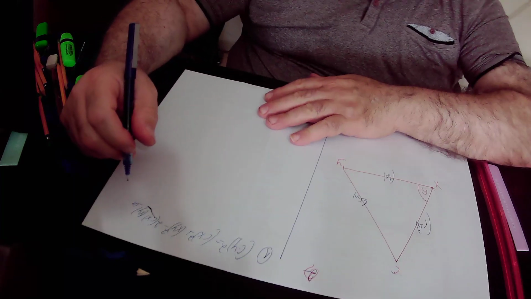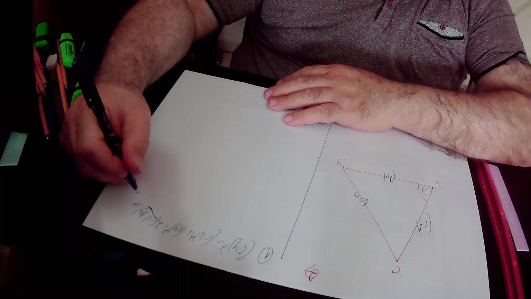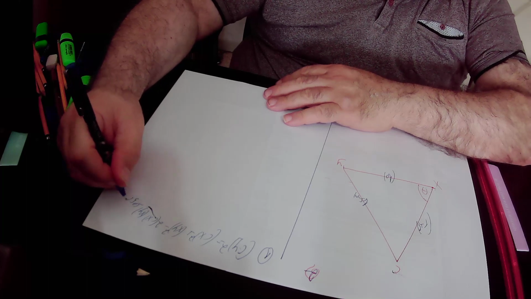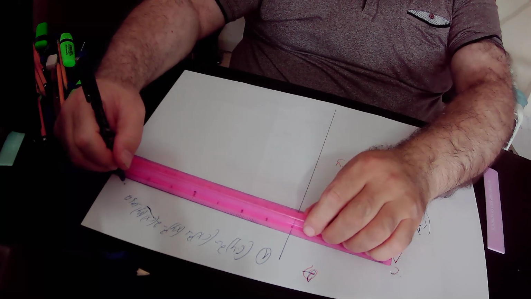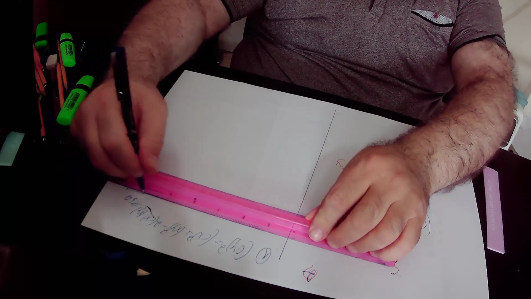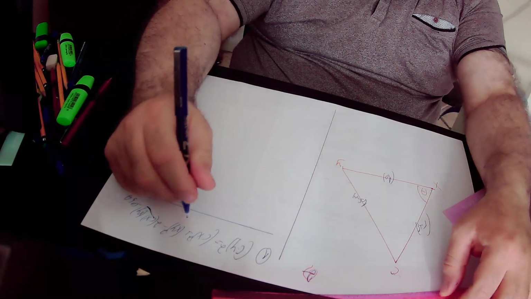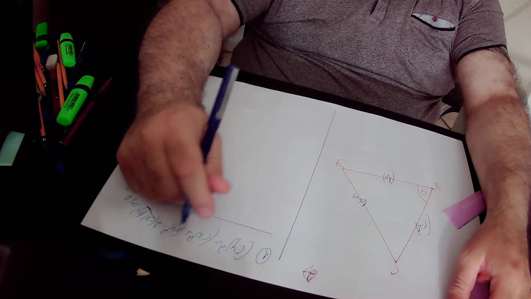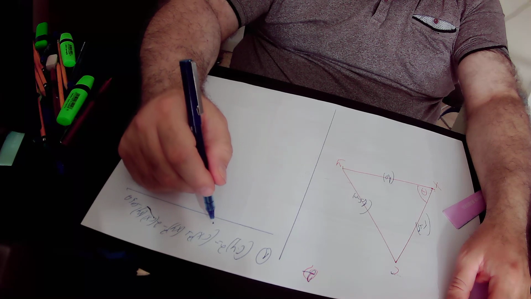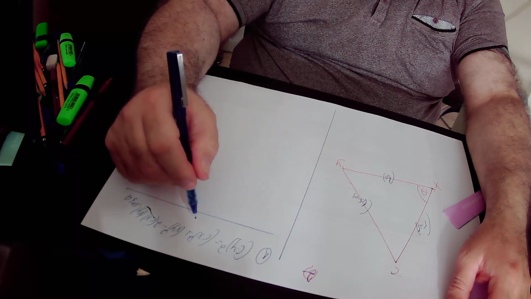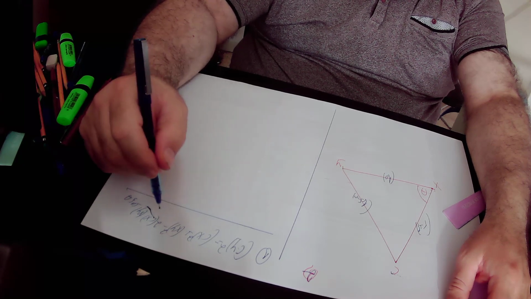Okay. And we have already known that CY equals 15 minus R, CX equals R plus 5, and XY equals 10, so we substitute CY, CX and XY by those values.